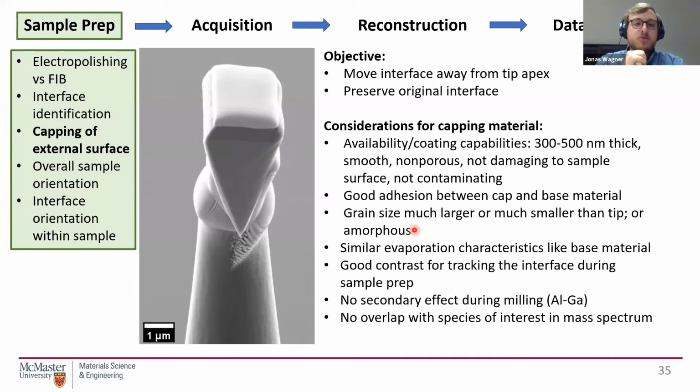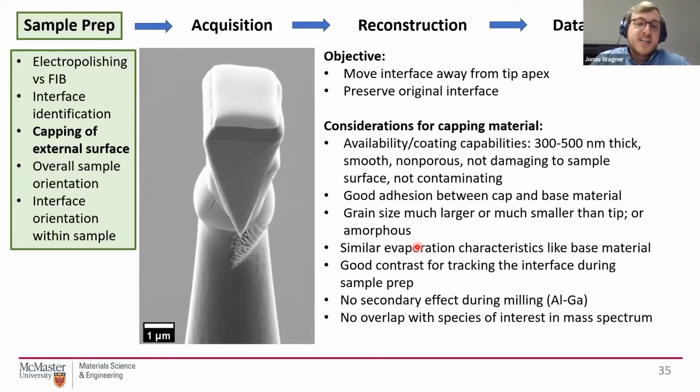The worst case scenario is that our capping material will have a grain boundary just on top of the cap, because as I said, different grain orientations can have different milling rates. This will be detrimental to the shape of your sample. Also, it should have similar evaporation characteristics like your base material, just to avoid fracture, to reduce facial aberrations.